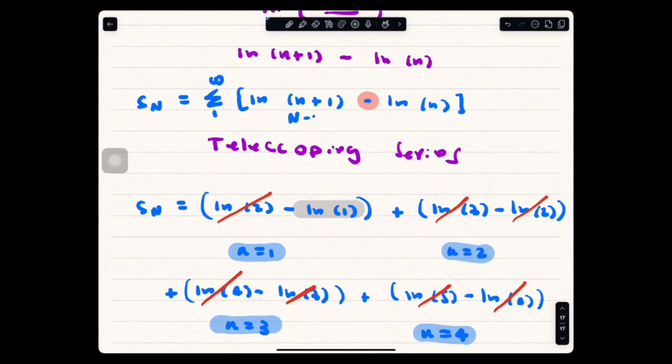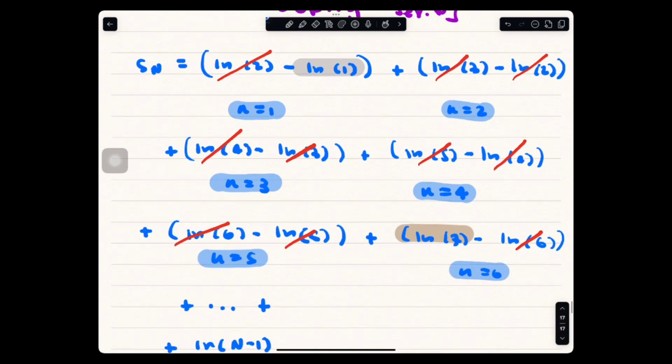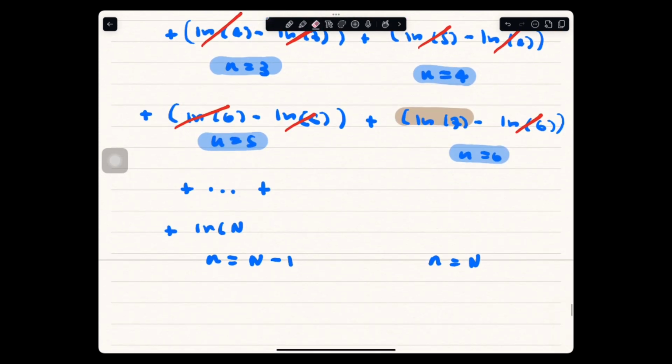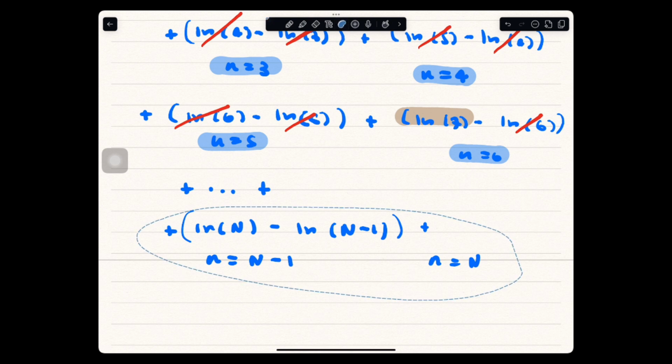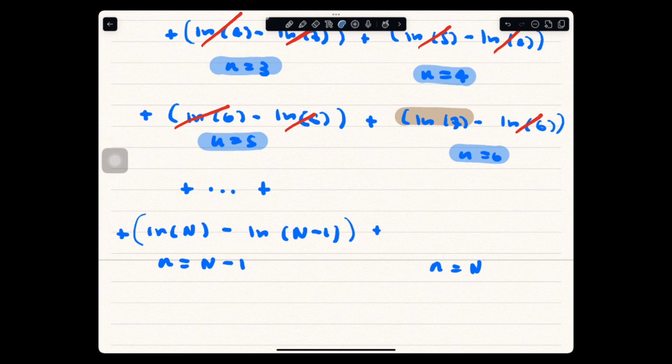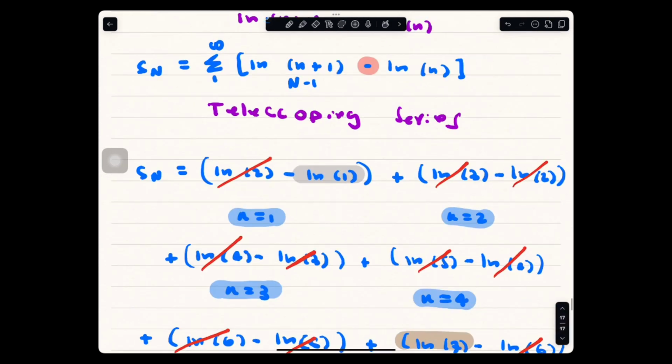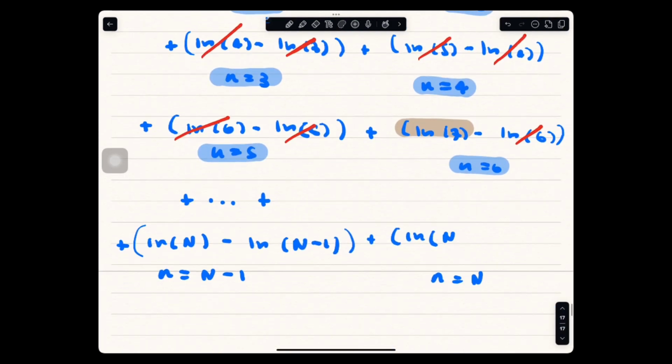This is big N minus 1, so that's just big N, minus natural log of big N minus 1, plus natural log of big N, so that's N plus 1, minus natural log of big N.